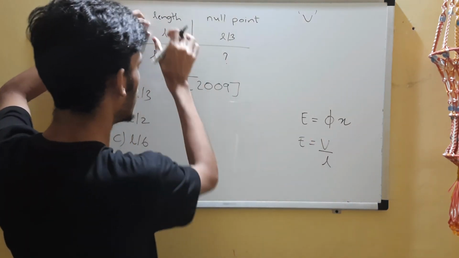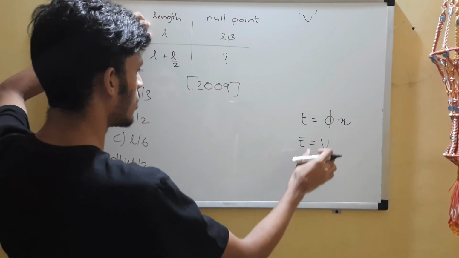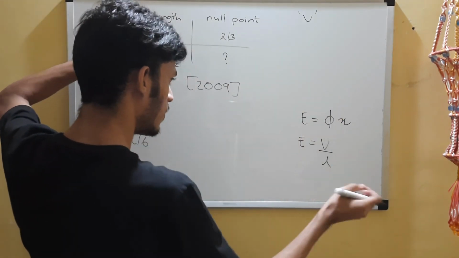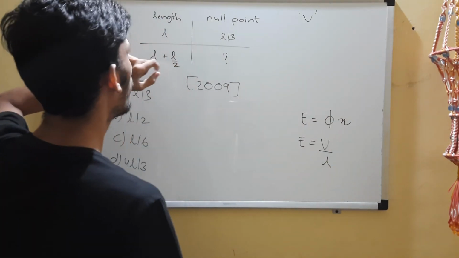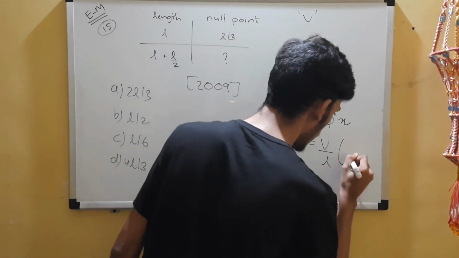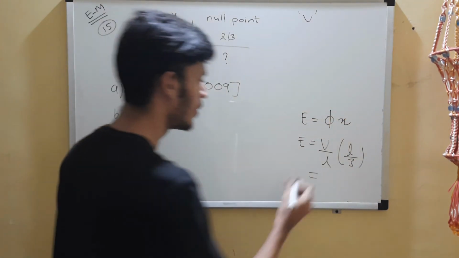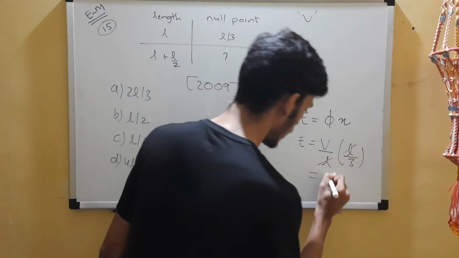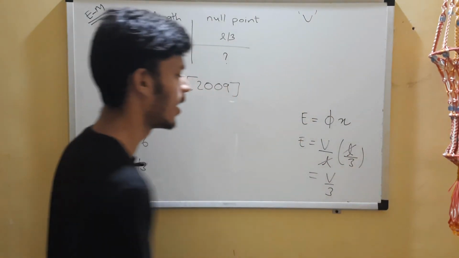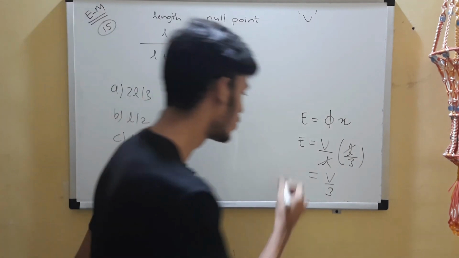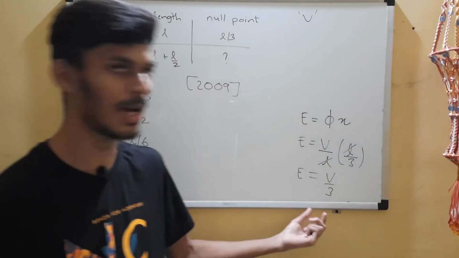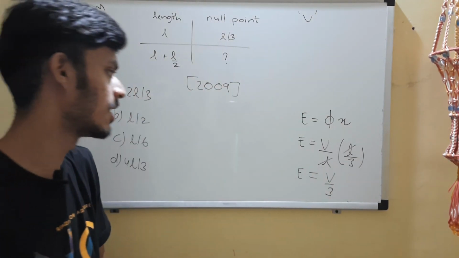The length in case 1 is L. The voltage drop is V across the length L. Now the null point is obtained at L by 3. So from here you obtain the EMF of the cell, right? That was the aim of the experiment, to determine the EMF of the cell. So we now know the EMF of the cell is V by 3, 1/3 of this potential applied.